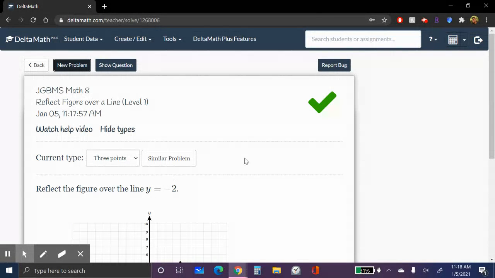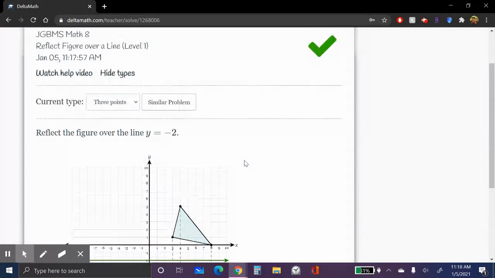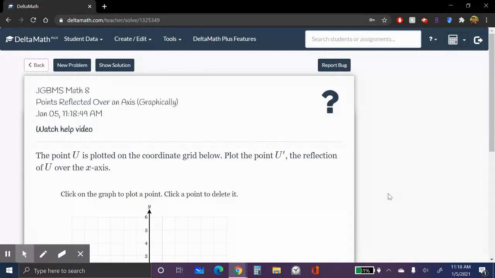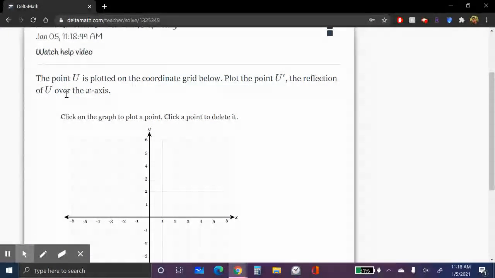So that's how you reflect images over an axis or a line of symmetry. Let's look at points. The point U is plotted on the coordinate grid below. Plot the point U prime, and that little prime symbol represents what results after one reflection or transformation is done to a certain point.